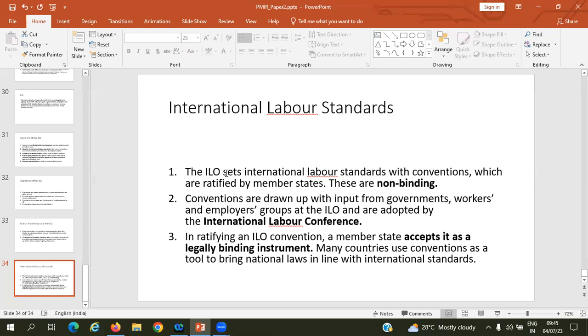Any labor conference happening at ILO level, international level, so that is adopted by the different governments, different workers and employers groups at different levels, in national level, in the state level.